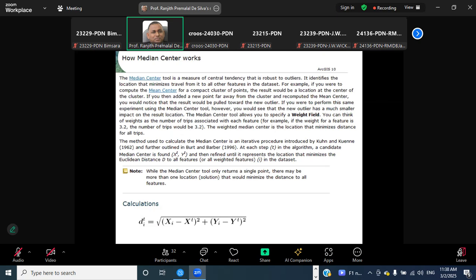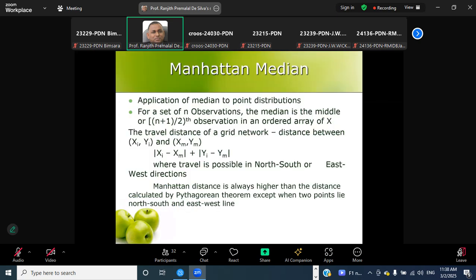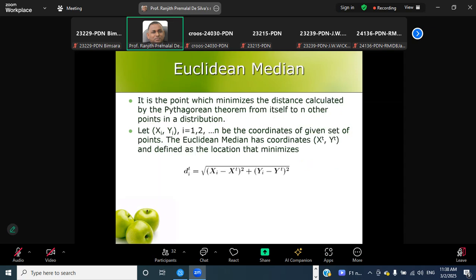And when it comes to the Manhattan median, travel is possible in north, south, or east, west direction, and the sum of the X value and Y value distances from each data point is minimum in this particular case. The Euclidean median is the point which minimizes the distance calculated by Pythagorean theorem from itself to all other points in the distribution.